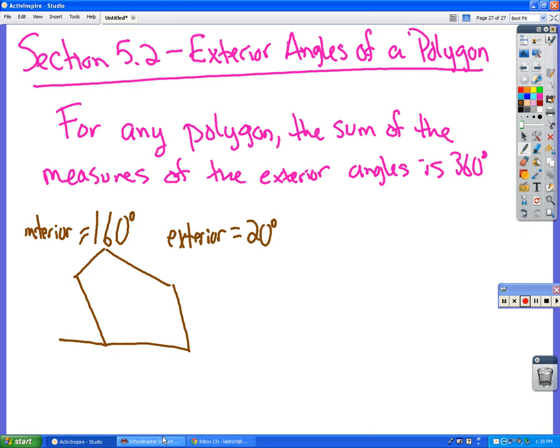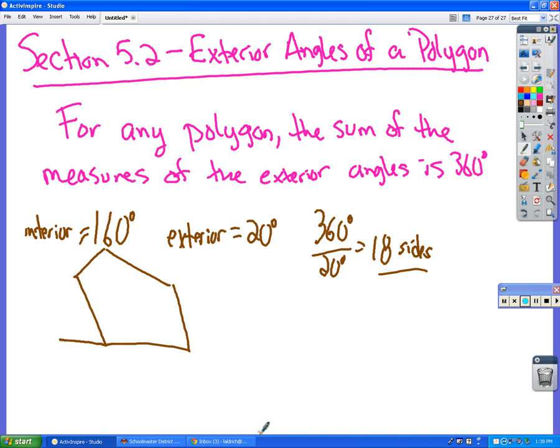What will all of those exterior angles add up to? 360. So what's a quick way to figure out how many exterior angles there are? 360 divided by 20.